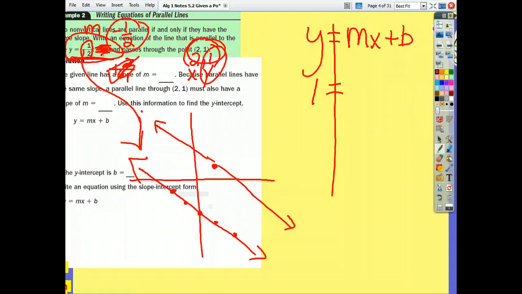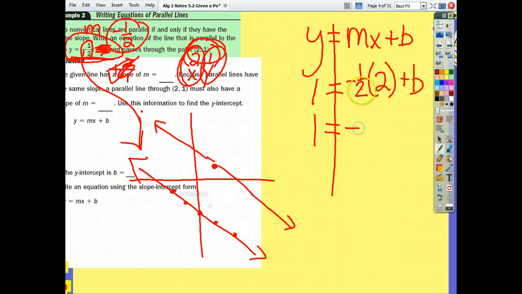So my slope was what again? -1/2 times, what's my x? My x was over here, the 2 plus b. Now let's solve. 1 equals, what's a negative times a positive?